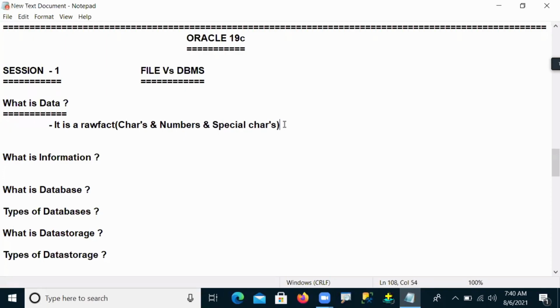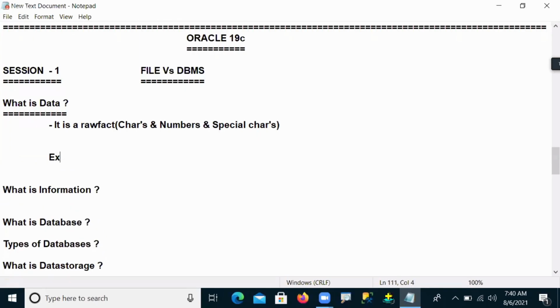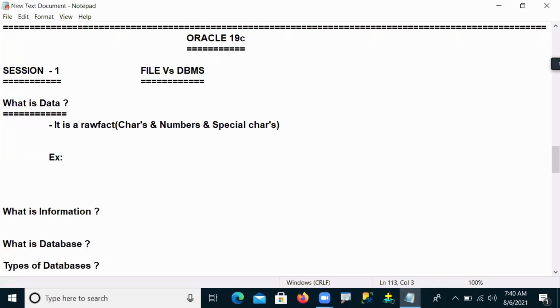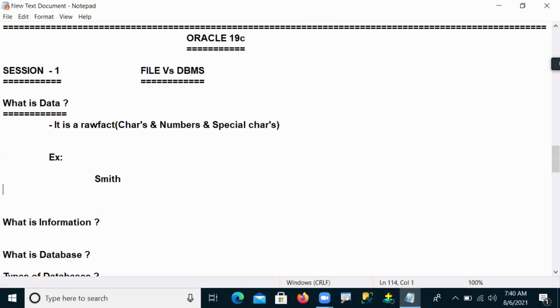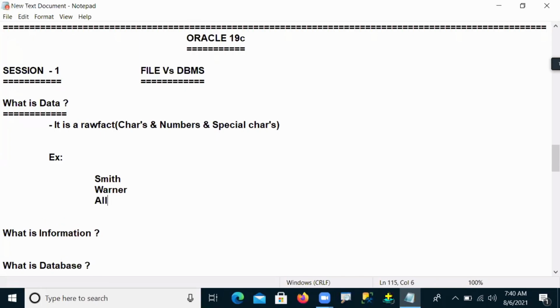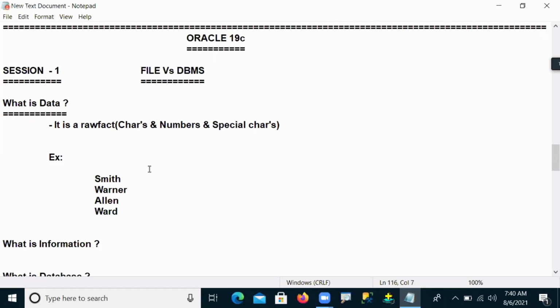For example, guys, I will explain some examples of data. I'm writing some names on this notepad: Smith, Warner, Allen, and Ward. Whatever names I have given here, what do they represent?